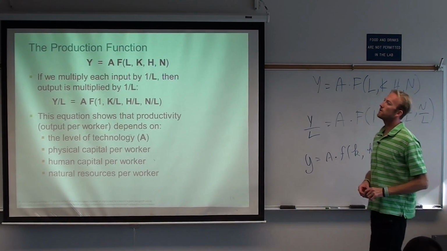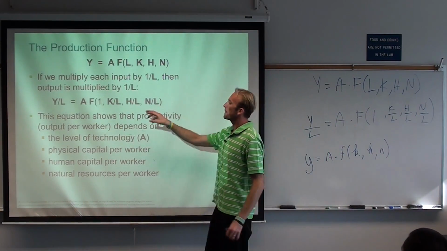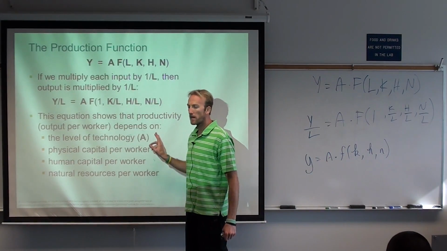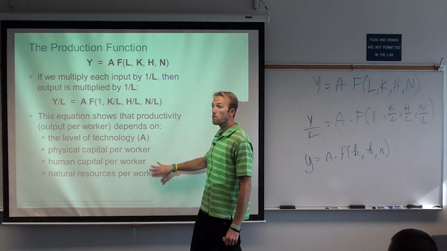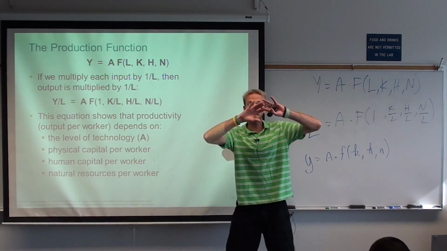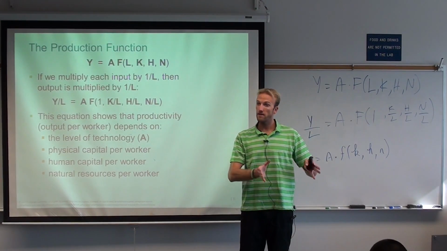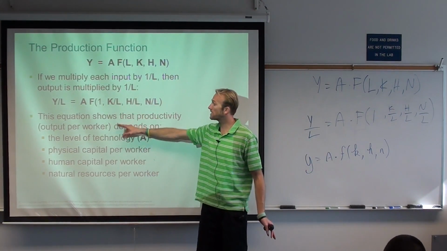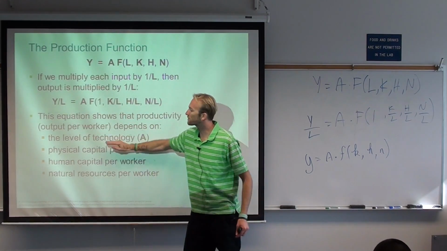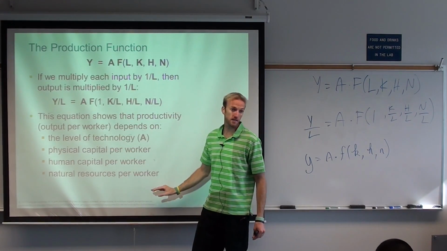So here you go. The productivity per worker depends on these four things. If I want to make people's life better, then I have to raise their productivity. If I want to raise their productivity, their Y over L, I have to focus on one of these four spots.